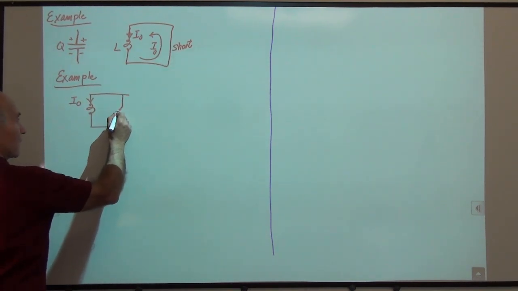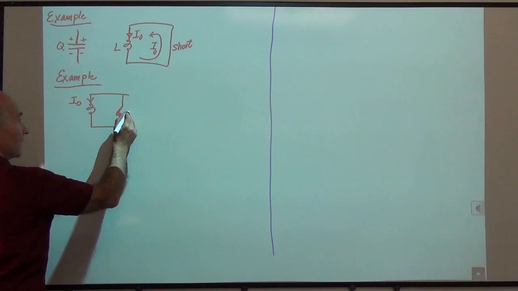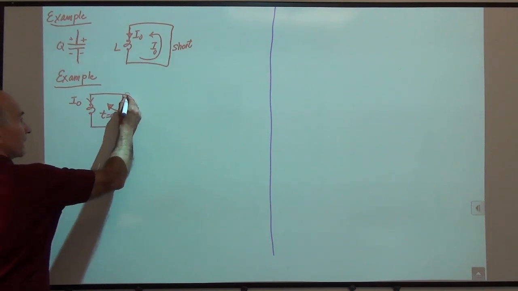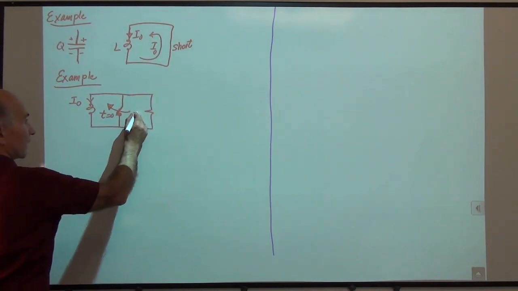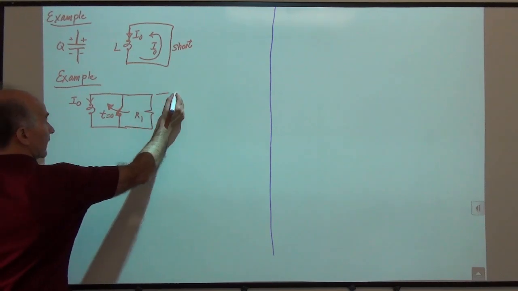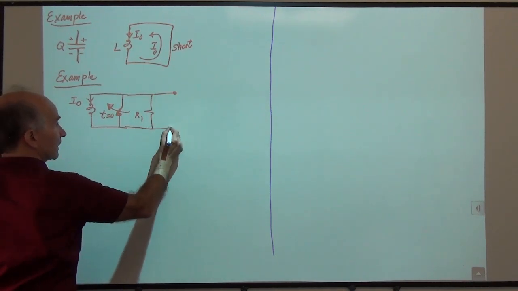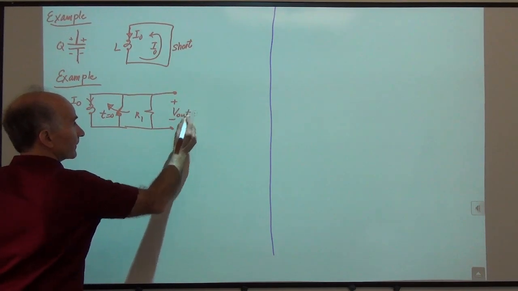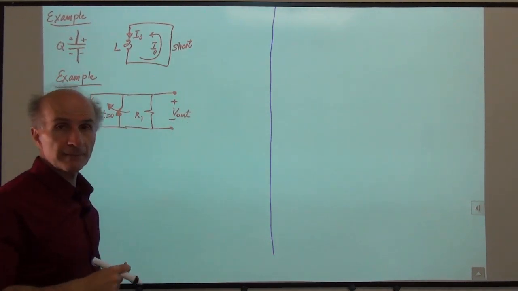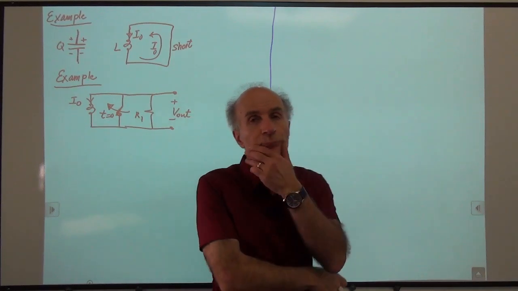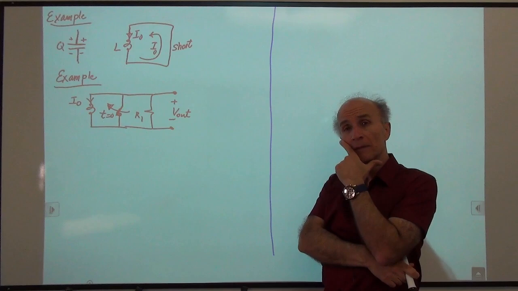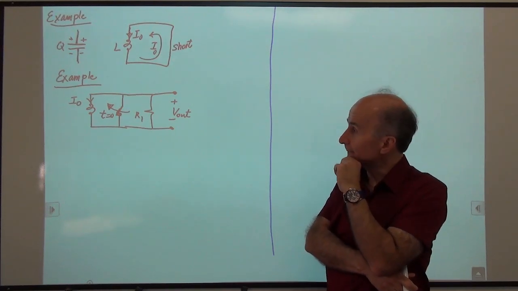I have a switch that opens, stops conducting, at t equals 0, and then I have a resistor R1. And I want to plot this voltage as a function of time. So this circuit becomes very interesting.